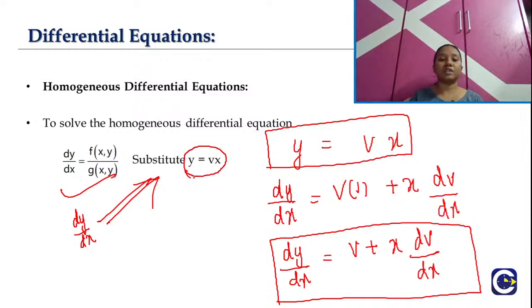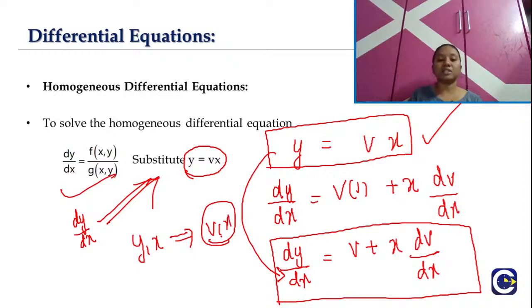If it is dy by dx, the substitution will be y equal to vx, and the entire equation will be converted from x and y variables to v and x variables. After the complete solution, at last we again rewrite our v terms in terms of y. That will be our final answer and the final solution of the given homogeneous differential equation.